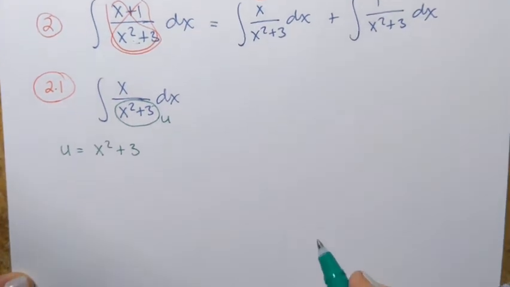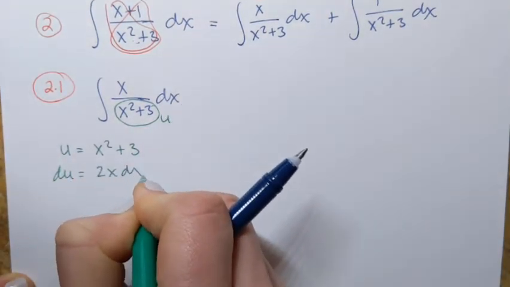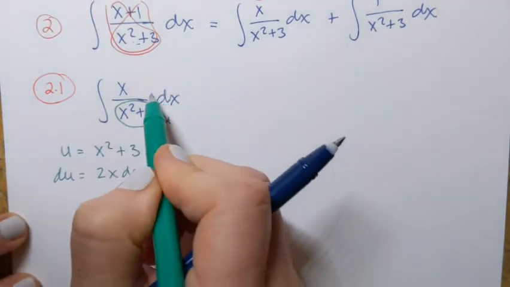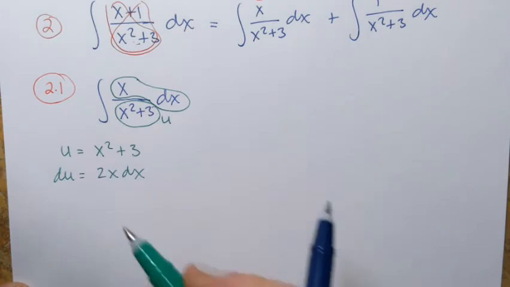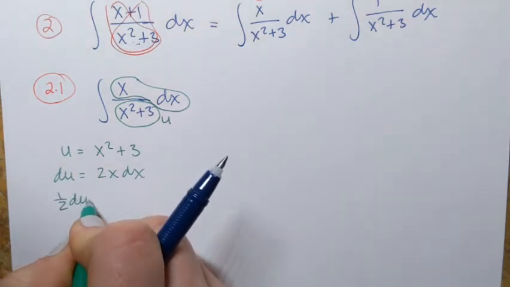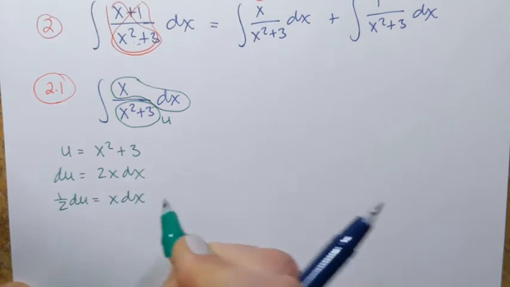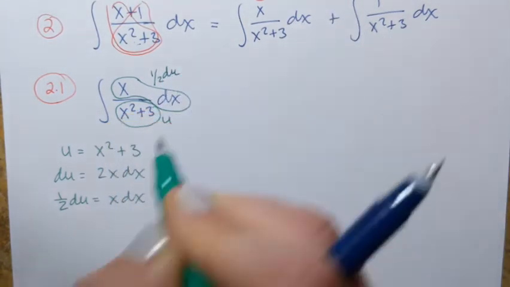Well, then du is going to be 2x dx, right? And I do have x dx, so that works out nicely. Now from here, 1/2 du equals x dx, so I'll have to replace it by 1/2 du.